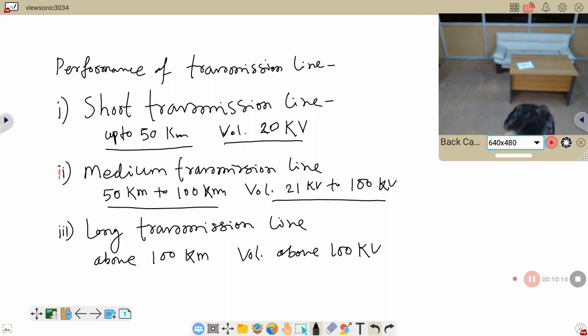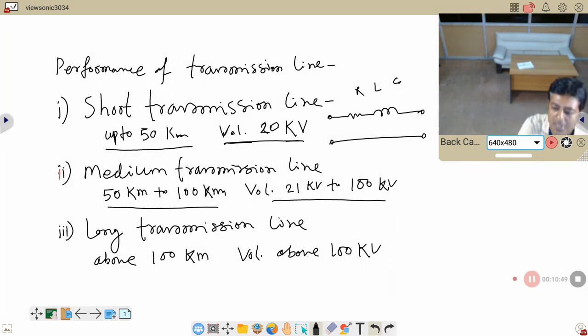If I consider the three parameters, resistance, inductance and capacitance: in the case of a short transmission line, as the voltage level is lower than in the medium and long lines, if I draw the diagram, we consider only resistance and inductance.